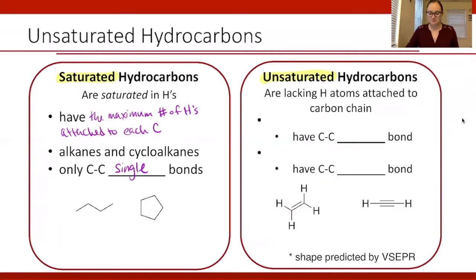You see how they have all single carbon-carbon bonds. However, in unsaturated hydrocarbons, what this section is now talking about, they are lacking in hydrogen atoms attached to the carbon chain. So they are unsaturated in hydrogens. There's 2 different versions of these. You can have alkenes, which have carbon-carbon double bonds, which I'll typically just draw like that.